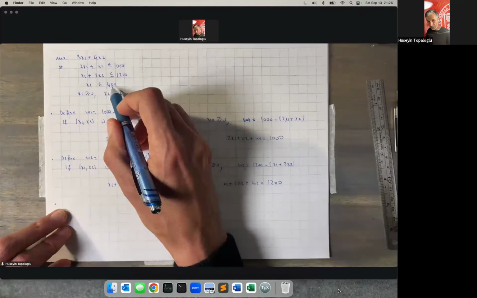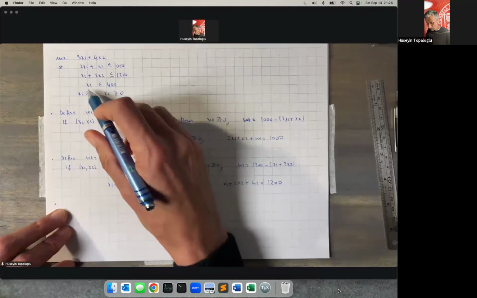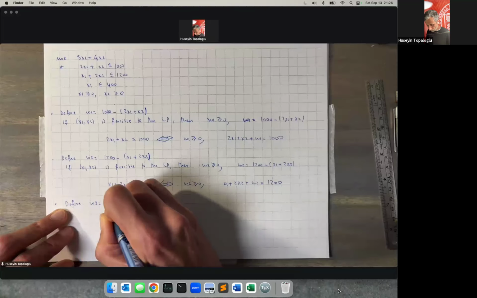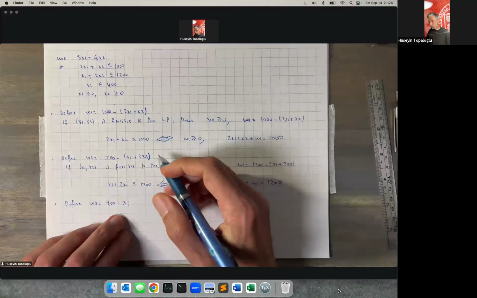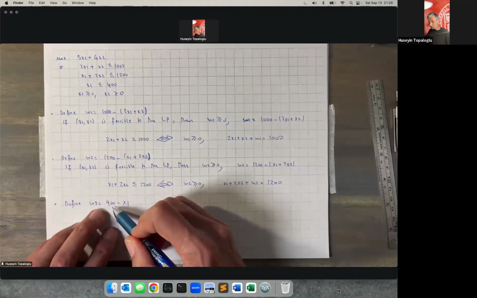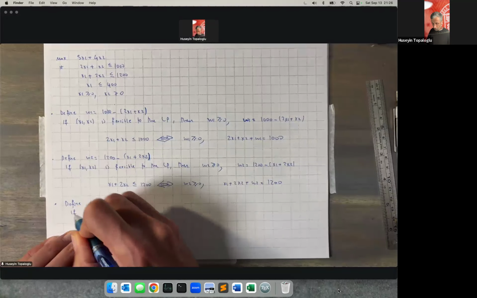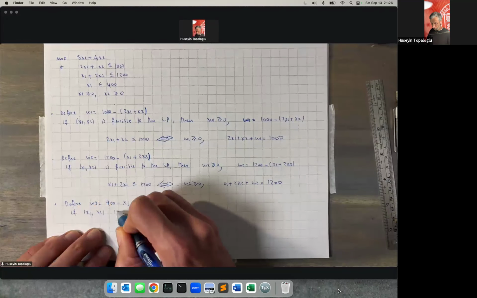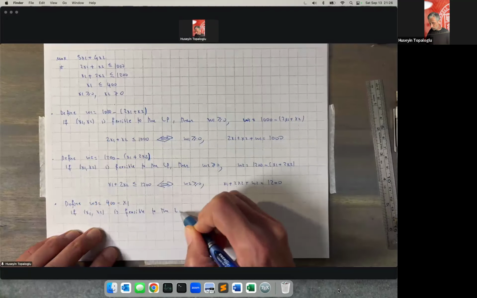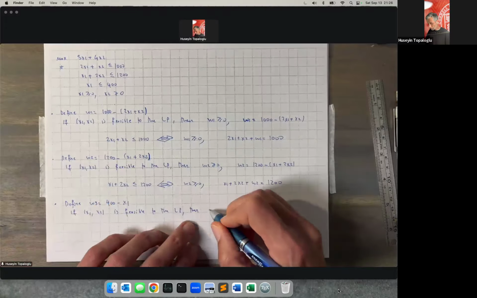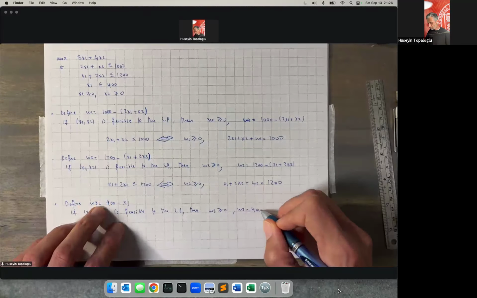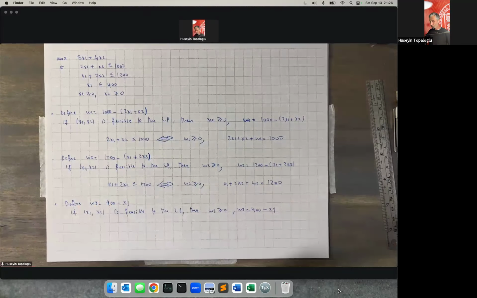Let's define W3 to be the amount by which the right-hand side of the third constraint exceeds the left-hand side. In a feasible solution to my linear program, the right-hand side has to be greater or equal to the left-hand side, so W3 has to be non-negative if x1 and x2 is feasible to the LP, and W3 is defined this way.